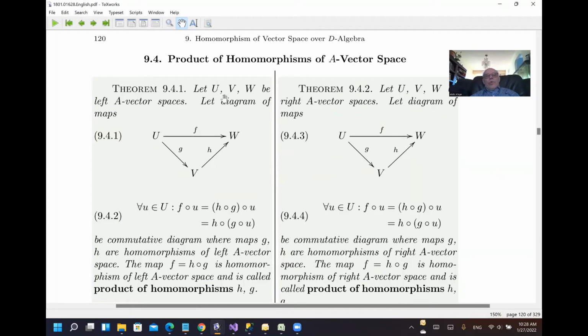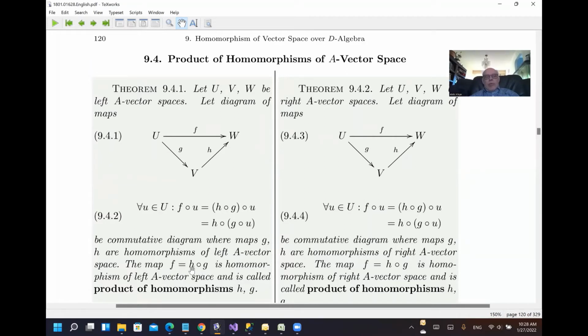Let U, V, W be left A vector spaces. Let the diagram of maps be a commutative diagram where maps G and H are homomorphisms of left A vector space.